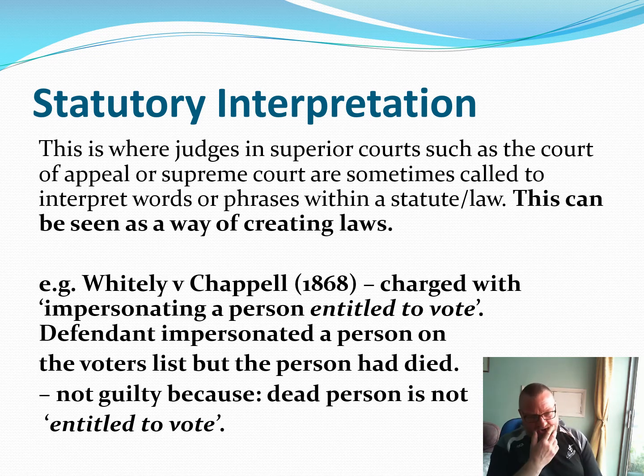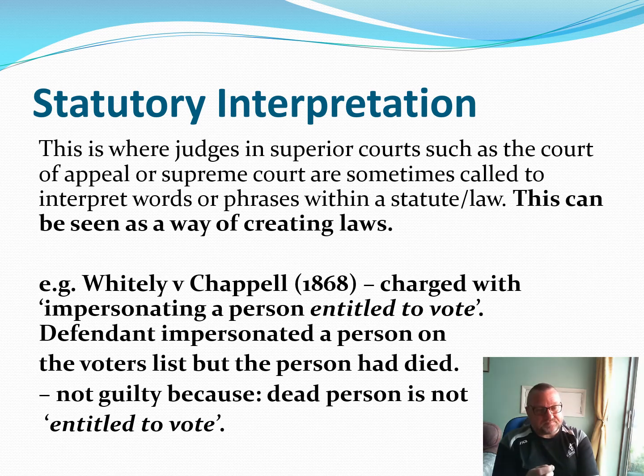Now, what happened was, I think it was Whiteley, they took the voting slip of someone who was dead, and voted as that dead person. So cast a vote, an extra vote, on behalf of someone who was dead. Okay.